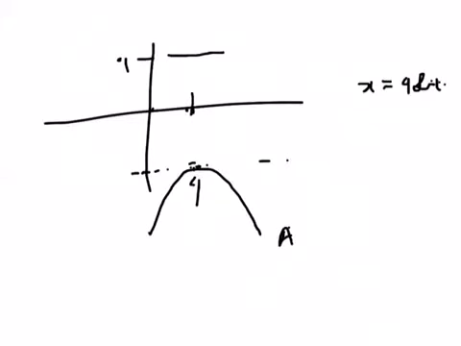Now this is 2, and this one should come back here at pi, which is 3.14, and goes on.